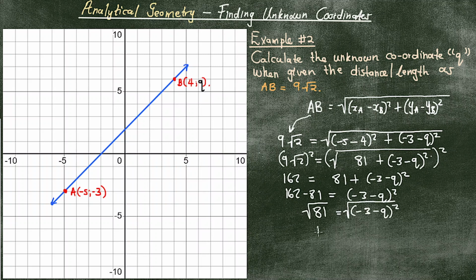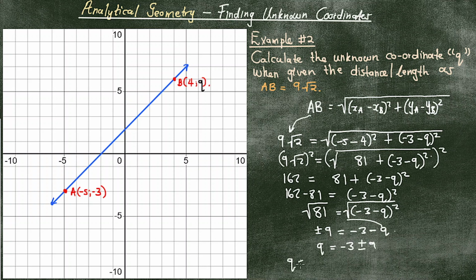Then you have plus minus 9 equal to minus 3 minus Q. Therefore, when Q goes this way, you remain with the minus 3, then go about plus minus 9.